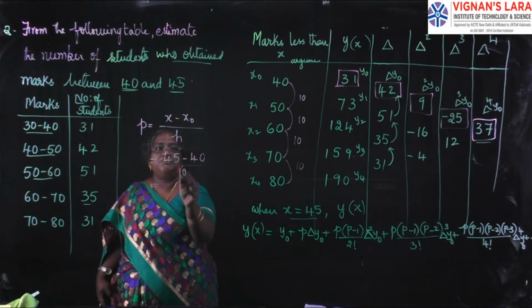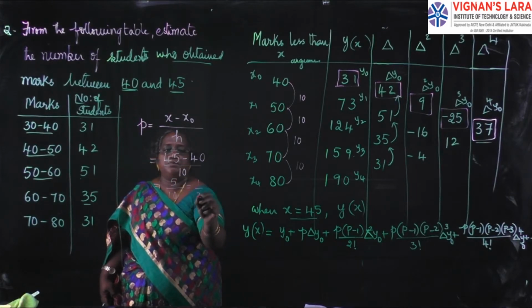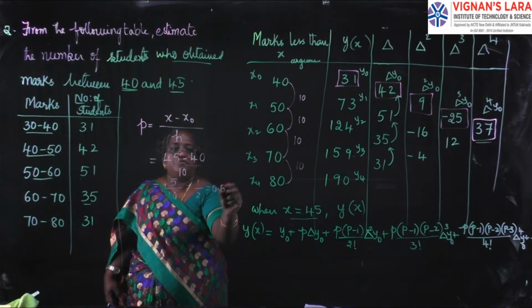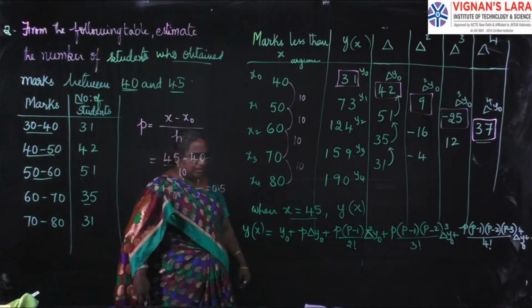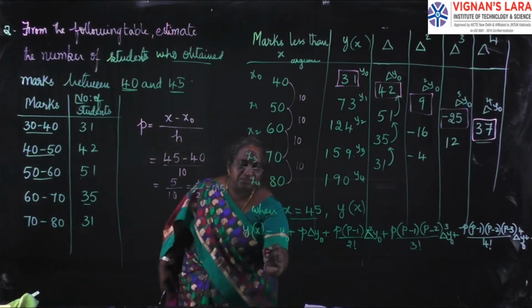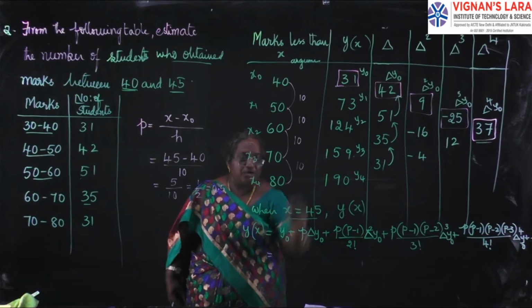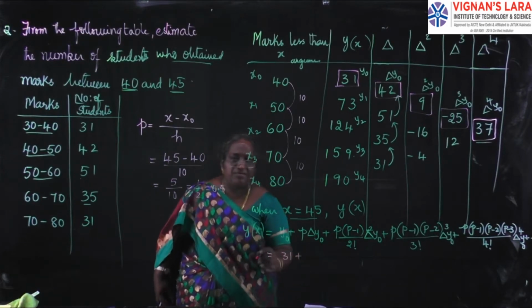This is equal to 45 minus 40, which is 5. 5 by 10 is equal to 1 by 2, which is equal to 0.5. This is our p. Now let us substitute those values. This is equal to y naught. y naught is 31, p value is 0.5.